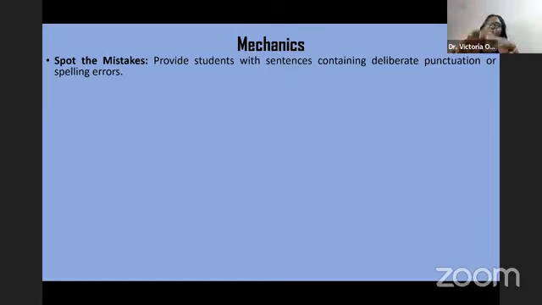So within the sentence, we intentionally create errors, either misspelling a word or wrongly punctuating it. We give it to the students and we ask them to correct them. So the students must identify all the mistakes, either working alone or in groups.